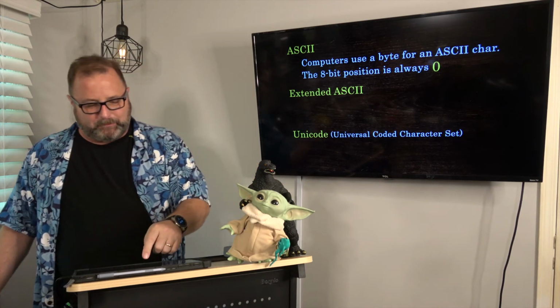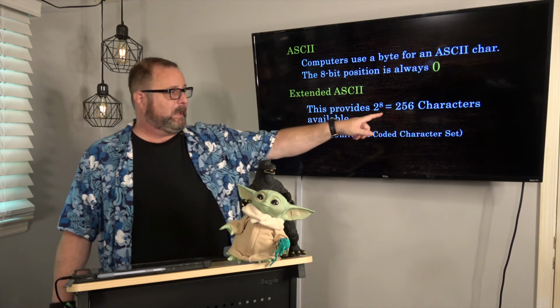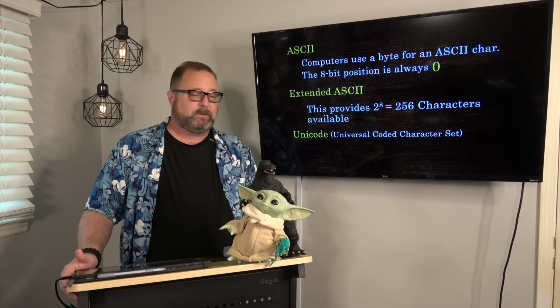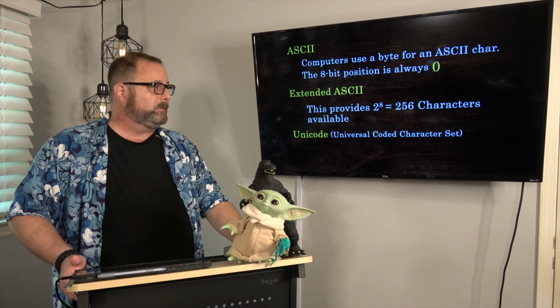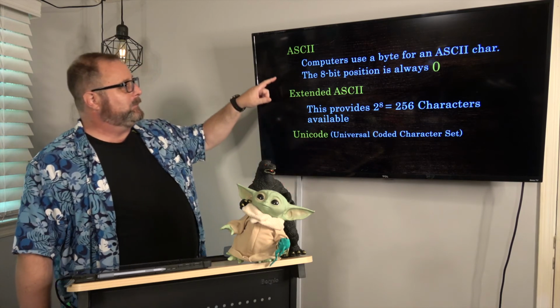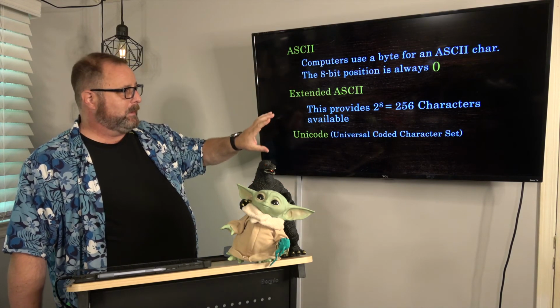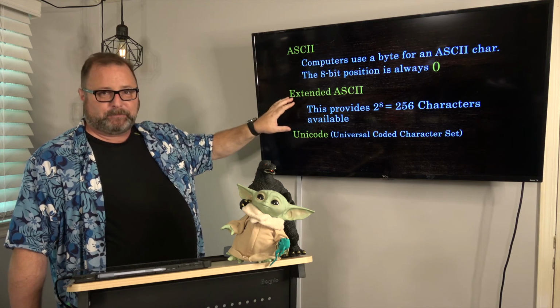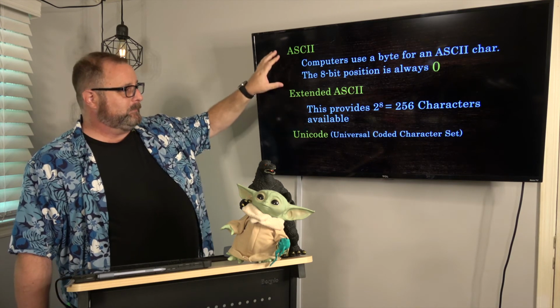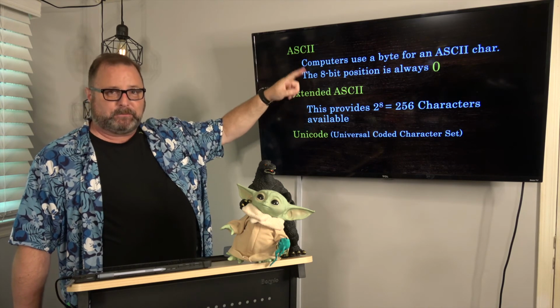So they got a little bit more with extended ASCII by using that. That basically gave them another 128 characters. So extended ASCII uses 256 characters. The thing I want you to remember in this is ASCII doesn't change as part of extended ASCII. Okay? The ASCII value is the same for the letter A in both of these.